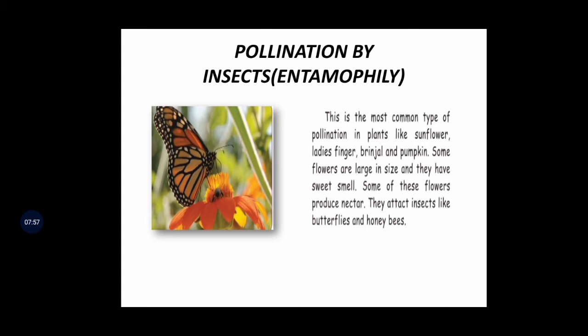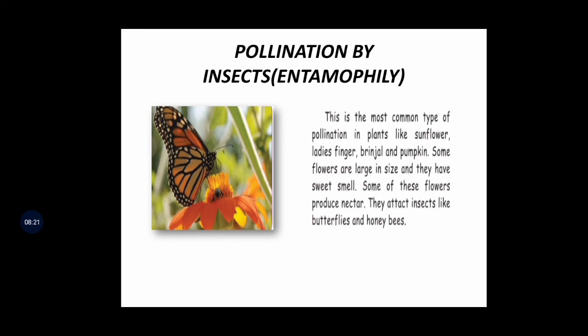These flowers are very large in size, no? And they have a pleasant smell. So these flowers attract insects. These insects go and sit on the flower while taking the nectar, okay, honey.